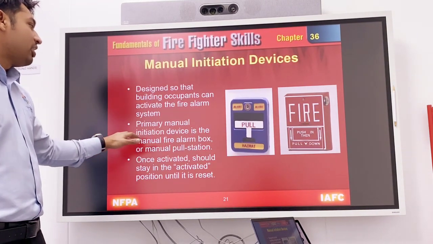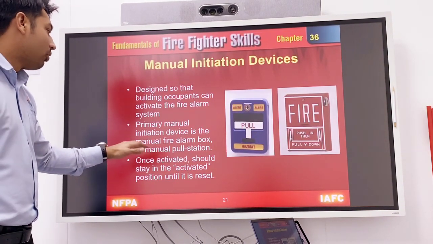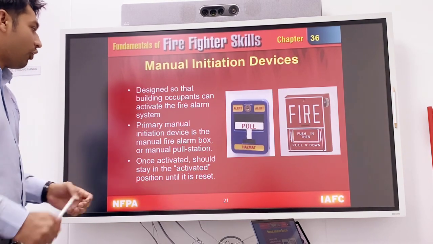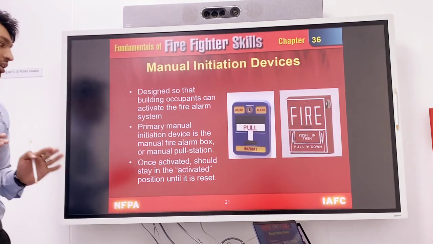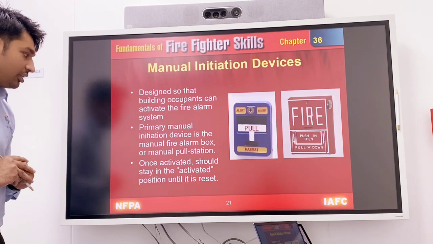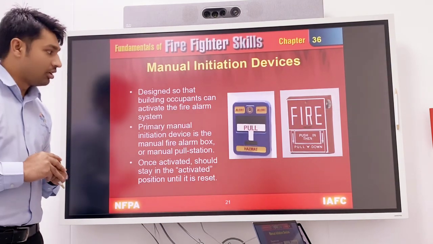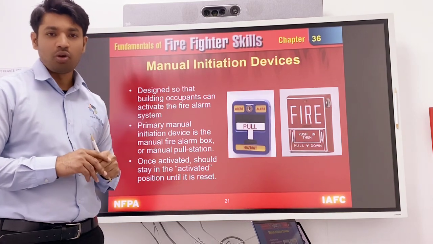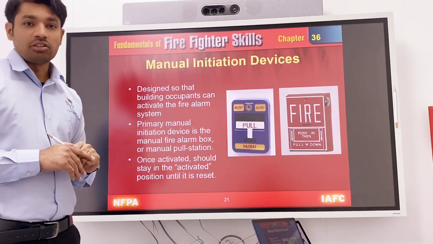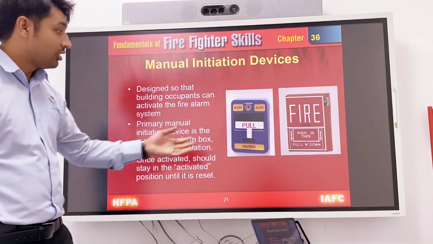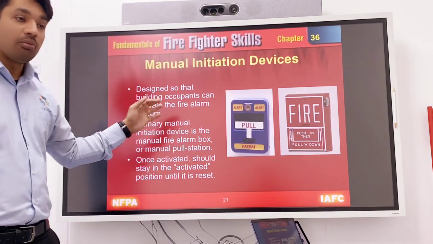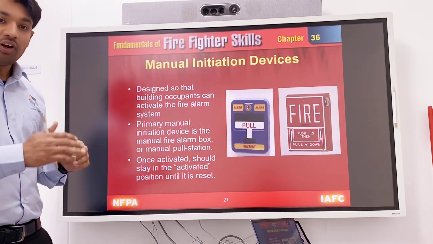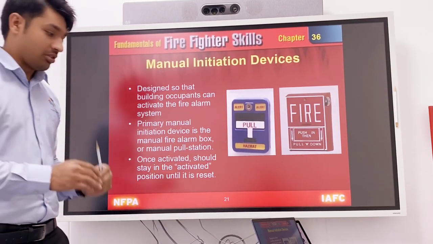The primary manual initiating device is the manual fire alarm box or manual pull station. Once activated, it should stay in the activated position until it is reset. So when you see some fire or some smoke and there's no smoke detector, you just pull this button, the alarm goes to the panel, and then the fire team will come and suppress the fire.